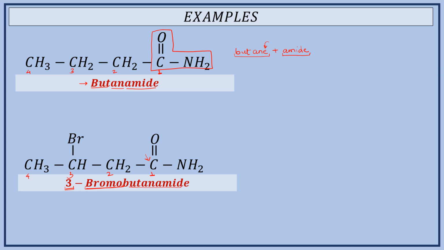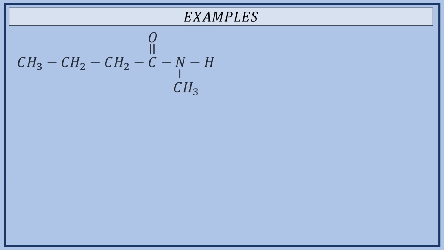Let us see our next example in which we have included a methyl group attached directly to the nitrogen atom. From our previous discussion, in the case of amines, we will note that to position this group, we use the alphabet N and we do not need to specify any number. So we will count the number of carbon atoms in the parent chain beginning from this carbon atom as 1, 2, 3, 4.